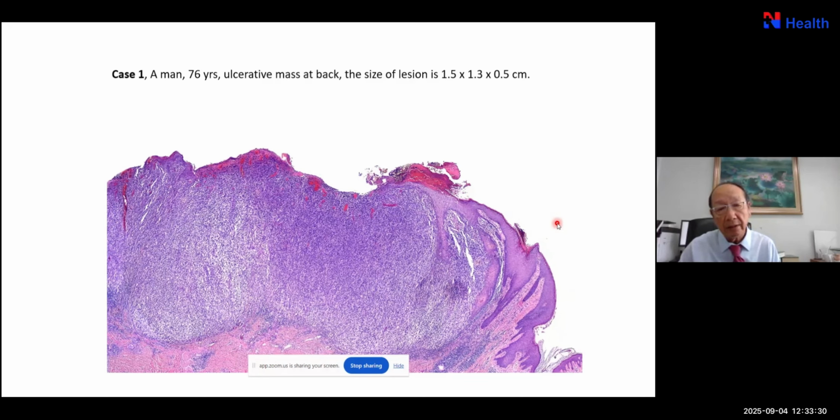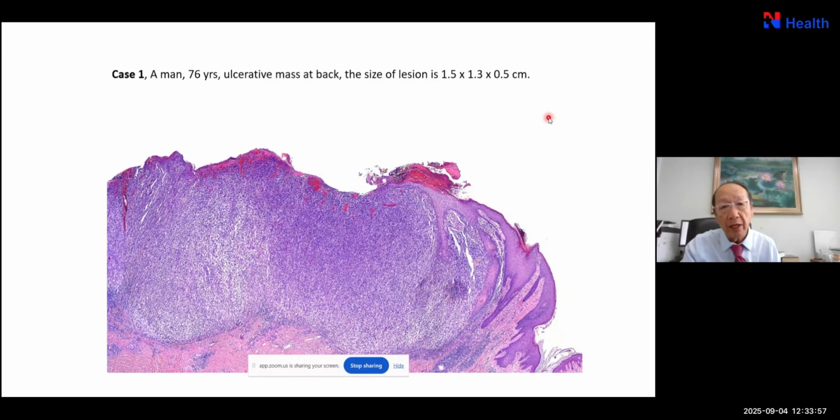At low power, is a tumor, blue, and has some area of the lighter color, but the dark area is mainly dark blue cells. The tumor is not homogeneous. There are some variation in the tissue. This can be the primary skin tumor or soft tissue tumor.